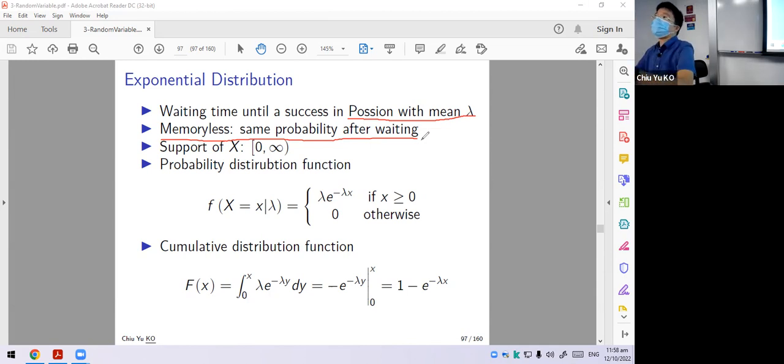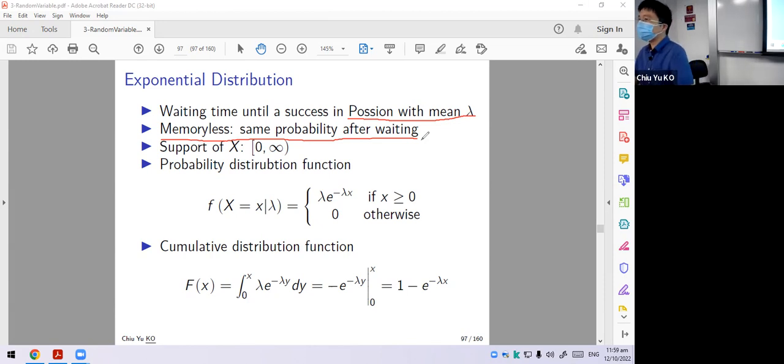suppose you have a dinner appointment with your friend, and the friend did not come at the scheduled time. Then you may form a probability that he or she is coming. You think that maybe with a probability of half, he or she is coming in the next half an hour, and this judgment remains the same no matter how long you wait.